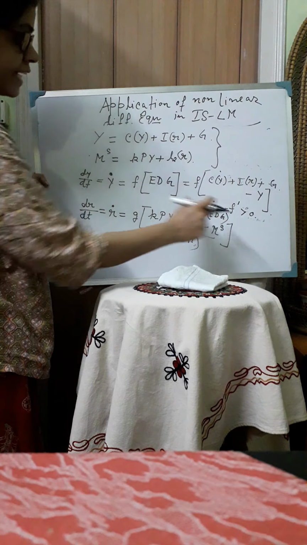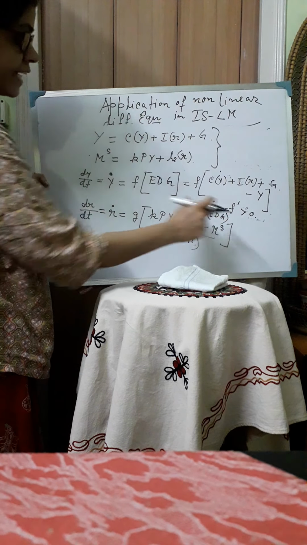So f dash c dash dy minus dy plus f dash I dash dr is equal to 0. So from here we can write dy within bracket f dash c dash minus f dash plus f dash I dash dr is equal to 0.